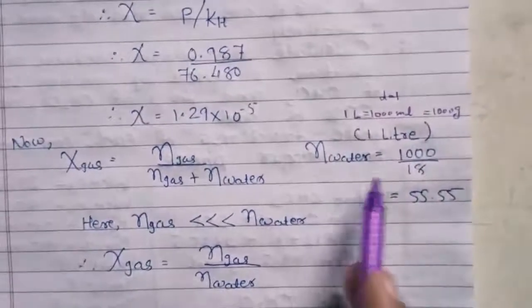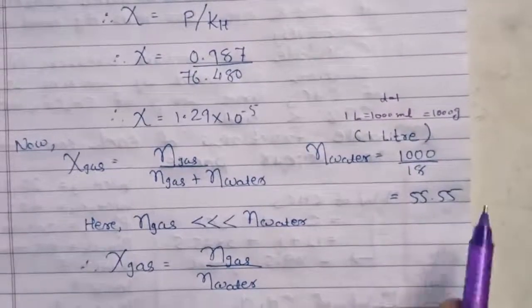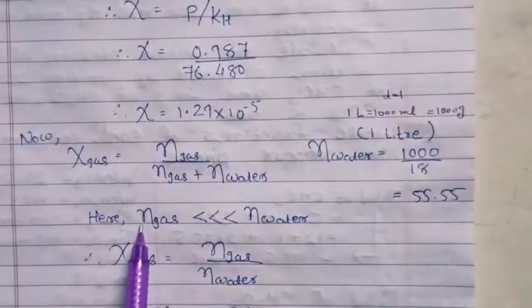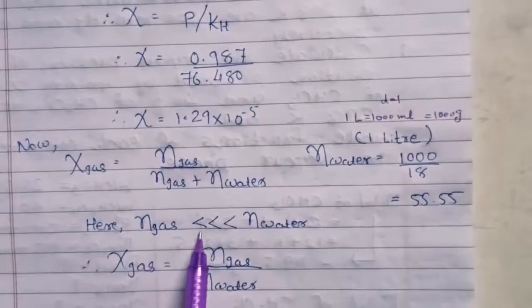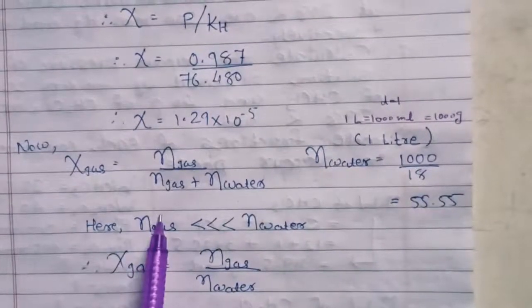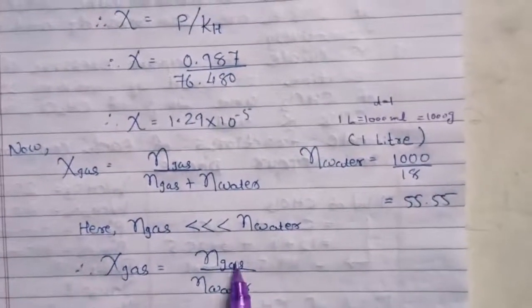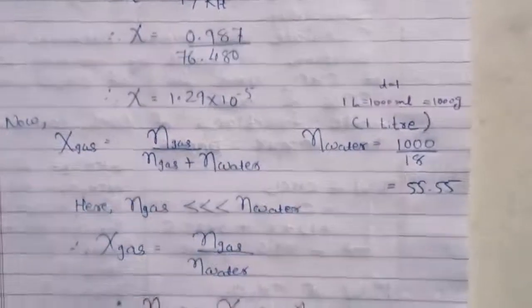So moles of water equal 1000 divided by 18, so you will get 55.55, right? Here the moles of gas is very much less than the moles of water, so we can neglect the moles of gas from this term. So we will get mole fraction of gas equal to moles of gas divided by moles of water, right?